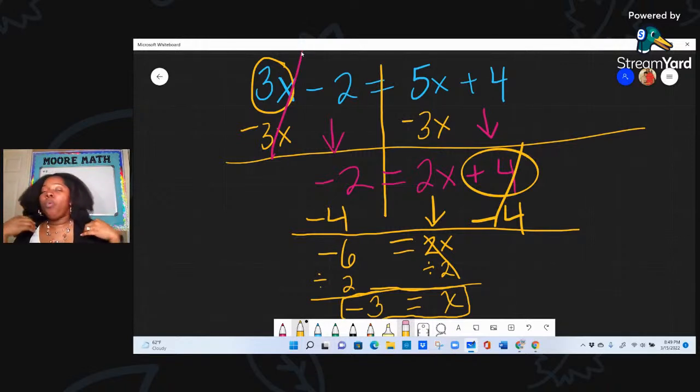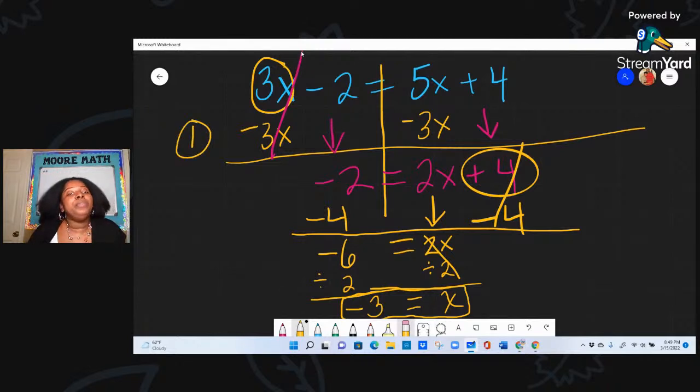So again, with multi-step equations, the biggest thing is moving all of the x's to one side and all of the numbers to the other side, and then it just becomes a one-step equation. Once we moved the x's to one side in this step, and the numbers to the other side in this step, then it was just 2x equals negative 6.